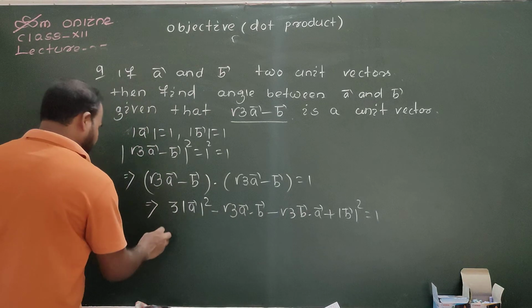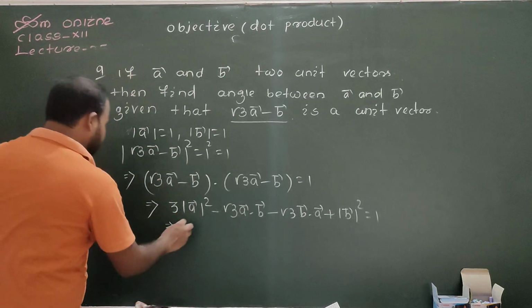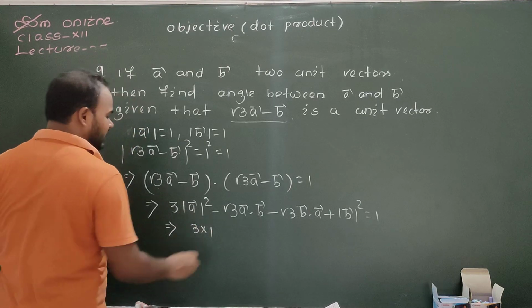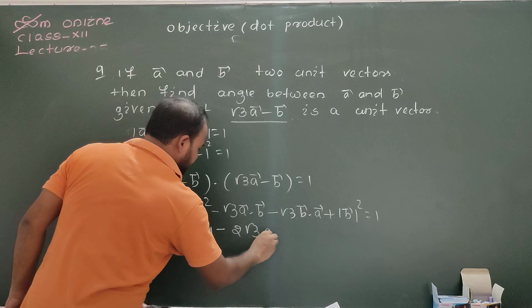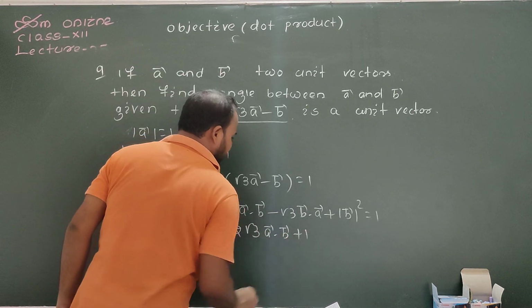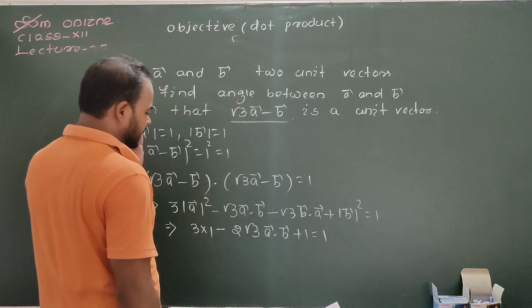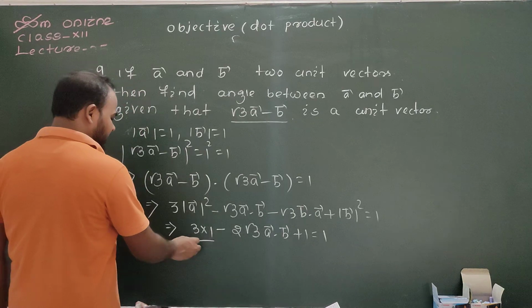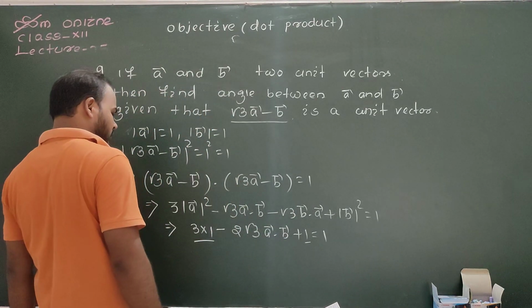Now this implies 3 into 1, and this is minus 2 root 3 vector A dot vector B plus 1, equal to 1. Now this is 3 and this is 1, 4.